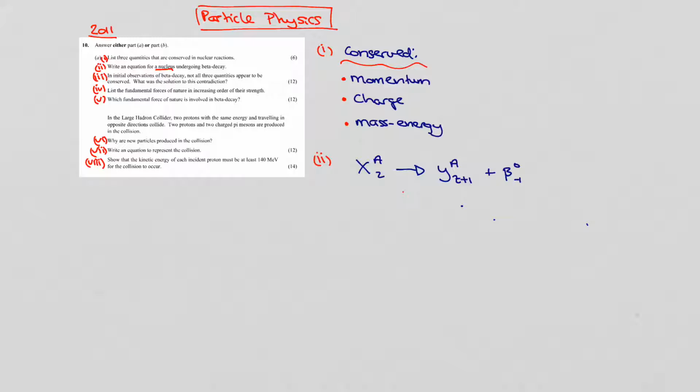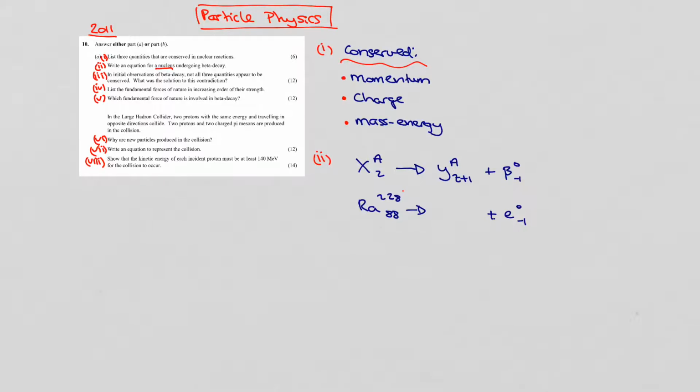So of course we could do an example. We could have radium 228, 88. And if we have a beta particle emitted, you could also write electron 0, -1. So we can use that to represent our beta particle. And what will it decay into?